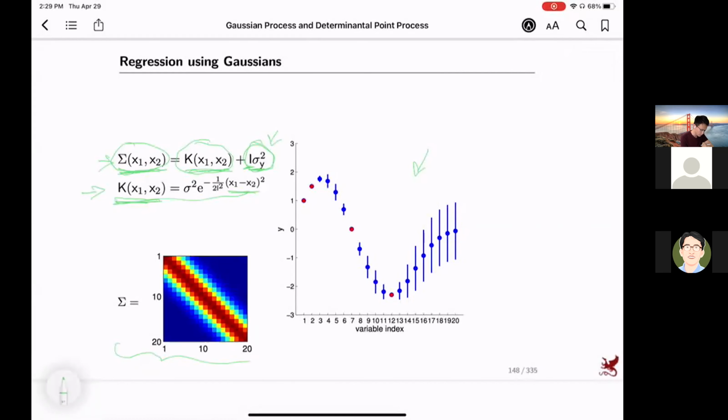But it will never go to 0 because we enforce this sigma y term there. But this sigma y is only on the diagonal, right? So if we look at this entry, it can be 0, right?